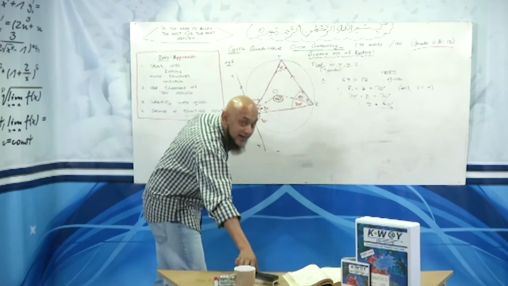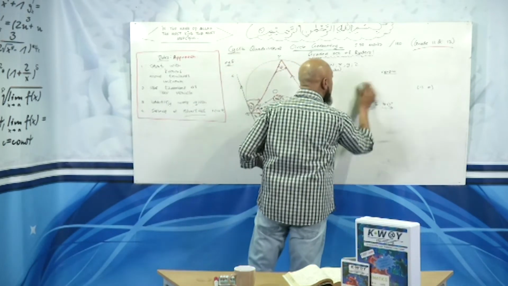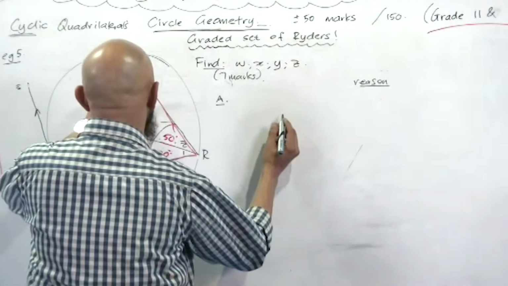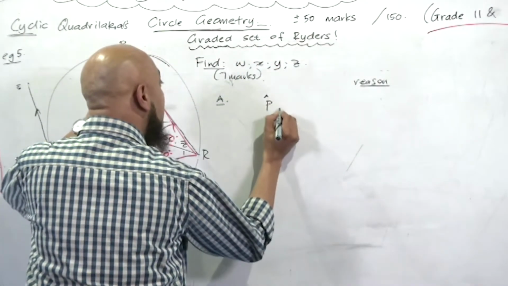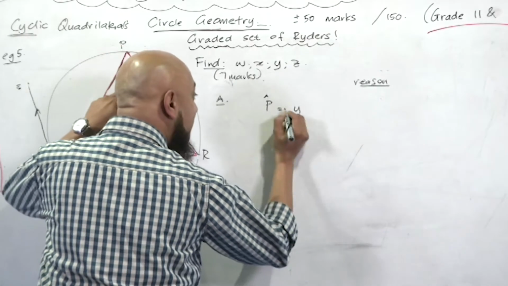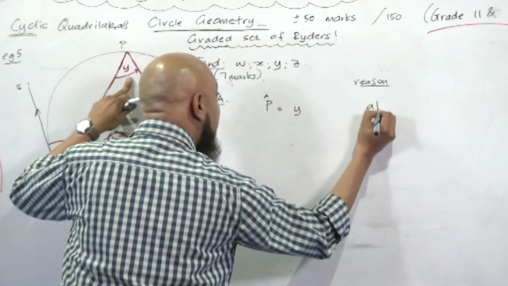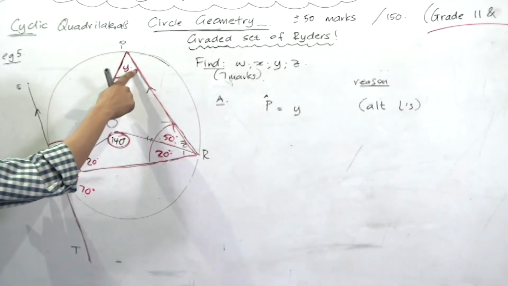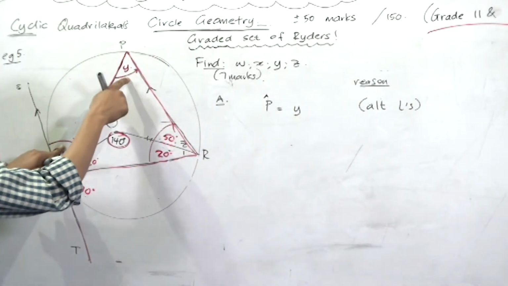So let's go back and now let's see Y. Watch here. We're now going to say angle P is equal to Y. Why is it equal to Y? What is your reason? Alternate angles. These two angles are equal because of these two parallel lines, they are alternate.